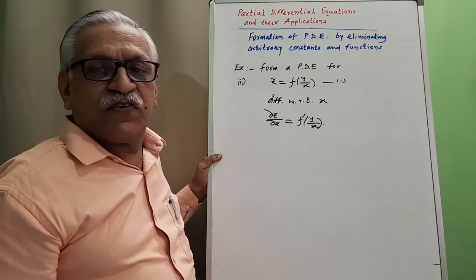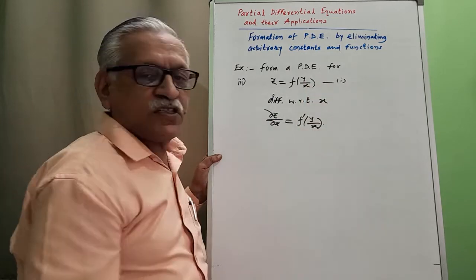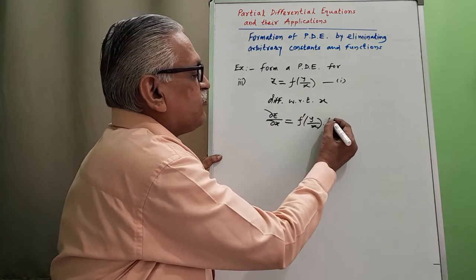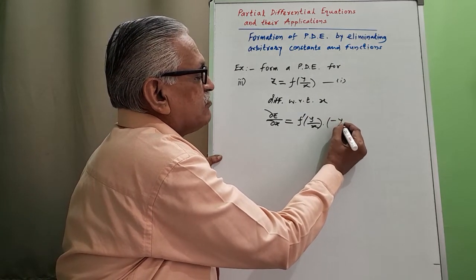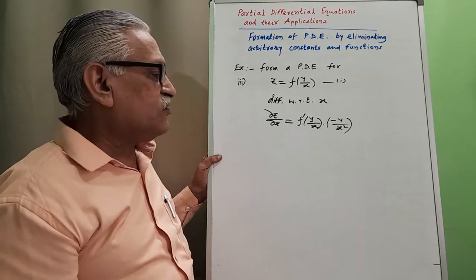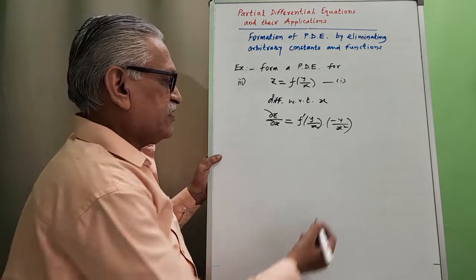Chain rule, differentiation of y by x with respect to x, where y is constant term we take outside, and derivative of 1 by x is minus 1 by x square.